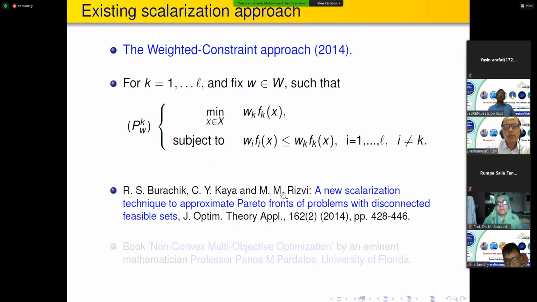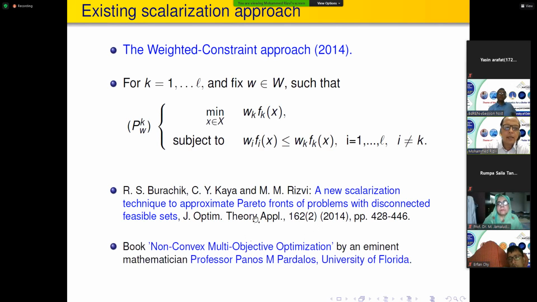This is one of my research works, published in 2014, and it is now a very popular scalarization approach. On Google Scholar it has 56 citations so far, and people around the world try to use it. One piece of evidence is that the approach was recently included in a book called Non-Convex Multi-Objective Optimization by an eminent professor, Panos Pardalos, an eminent specialist in optimization and a professor at the University of Florida.